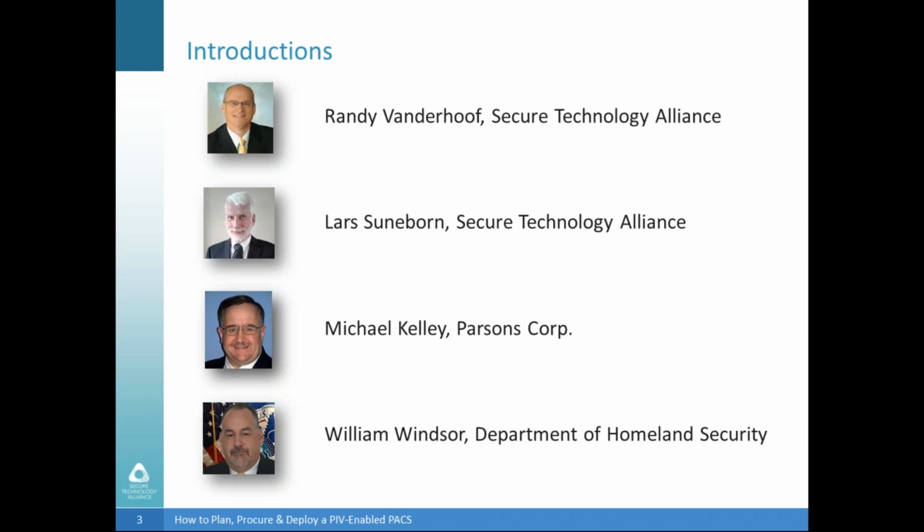Also joining us today is Michael Kelley, Principal Electronic Security System Technical Specialist for the Parsons Corporation, and William Windsor, IT Program Manager at the U.S. Department of Homeland Security. All three of these gentlemen are active participants in the Access Control Council, one of the many councils within the Secure Technology Alliance.